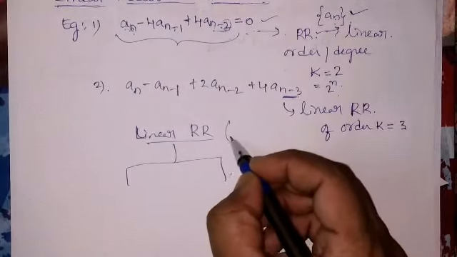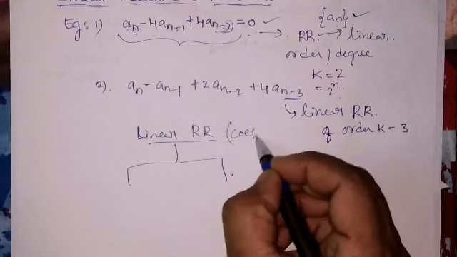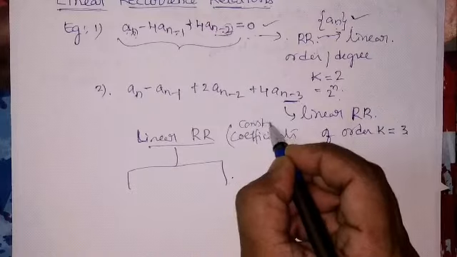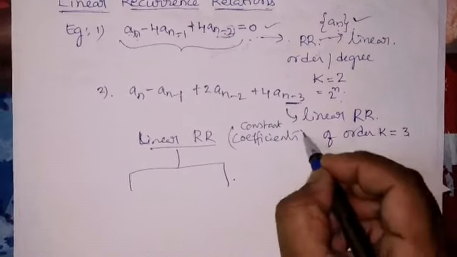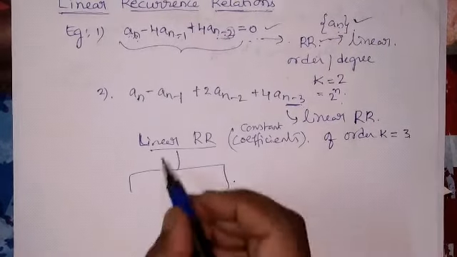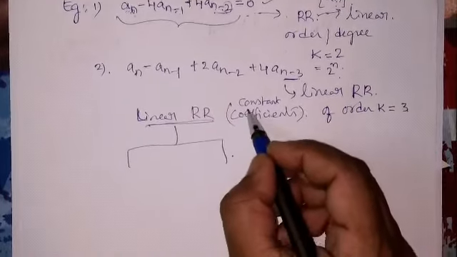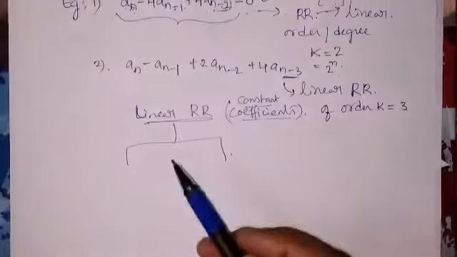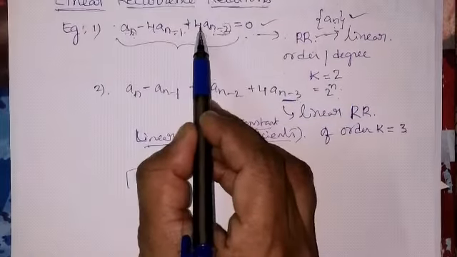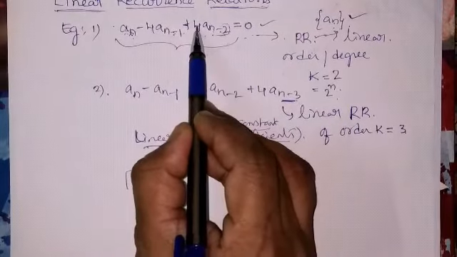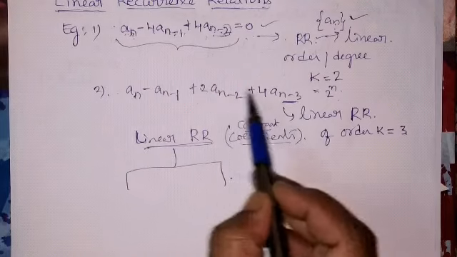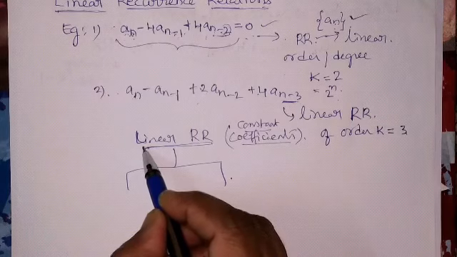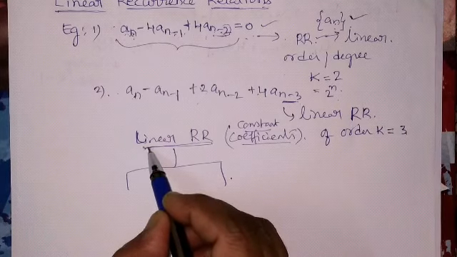We are assuming here that the relation has all constant coefficients. So in this lecture we are concentrating on the linear recurrence relation with constant coefficients. As given in the previous 2 examples, the coefficients 1, minus 4, 4 are constants, and 1, 2, 4 are constants, right? So now let us see the classification.